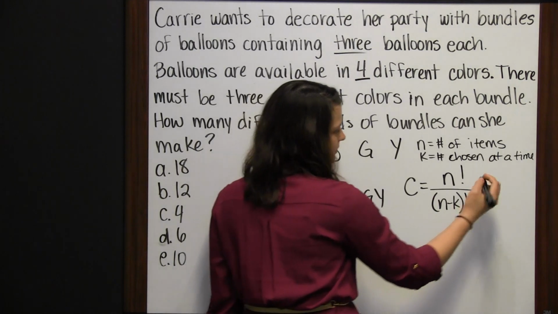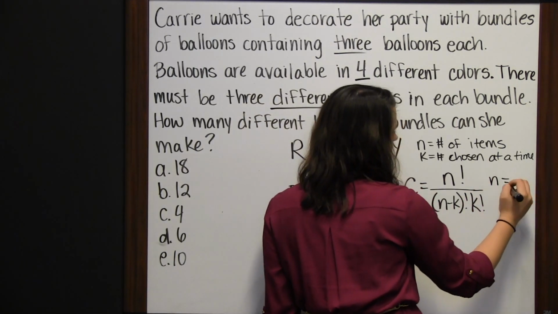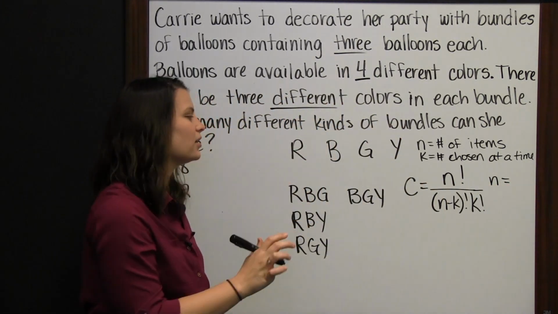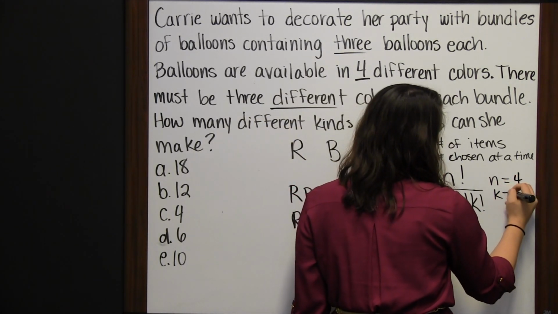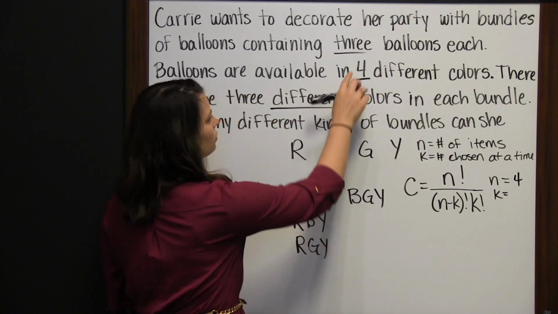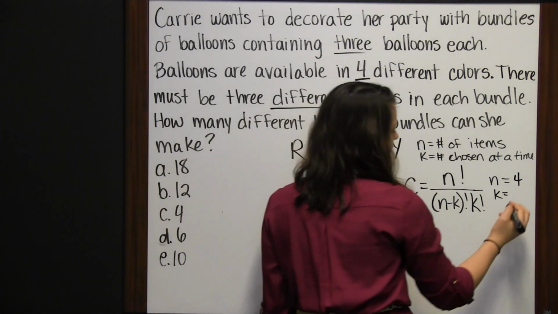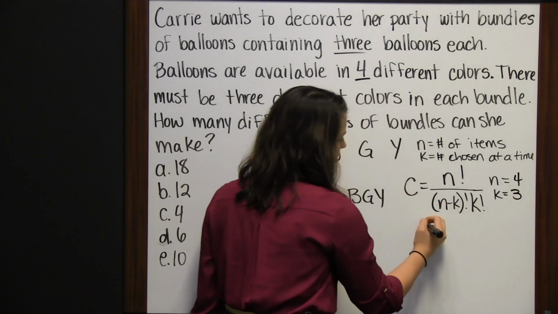So in our case, we have 4 items. We have 4 different colors of balloons. So our n is 4, but we can only choose 3 at a time because we want 3 in each bunch. So our k is 3.